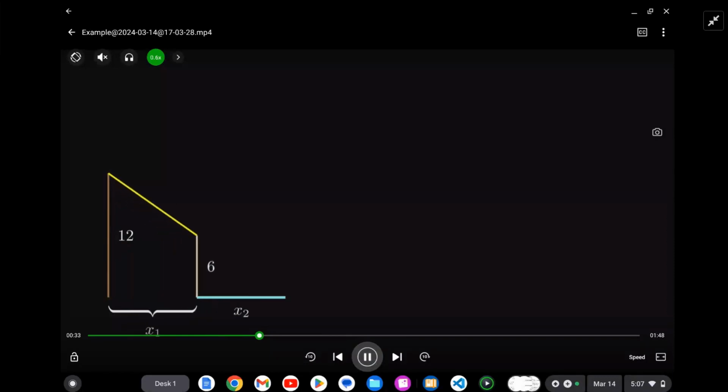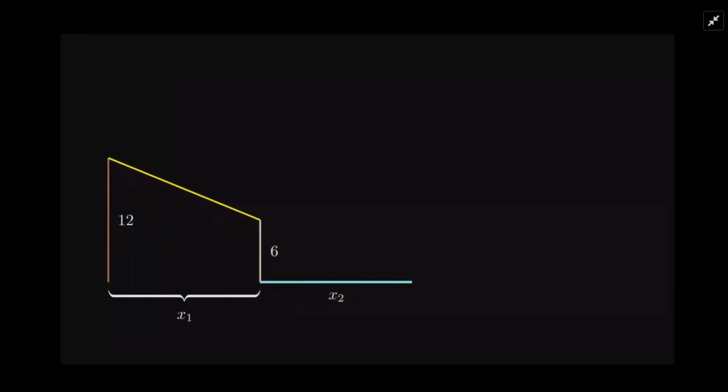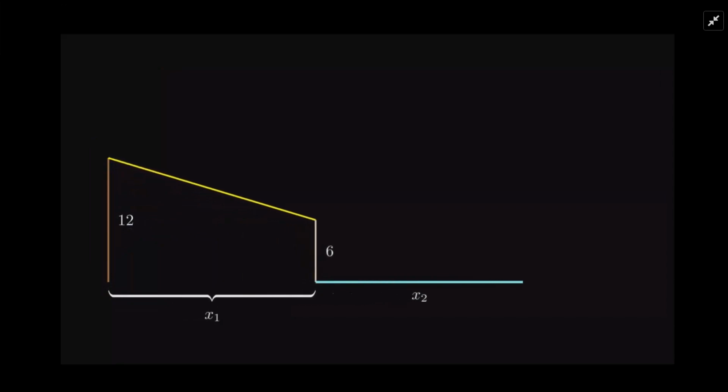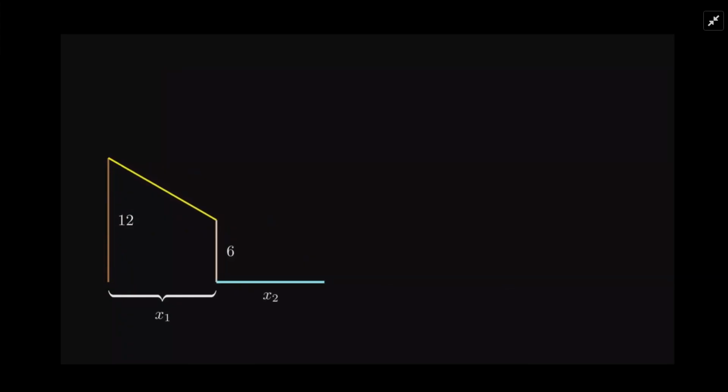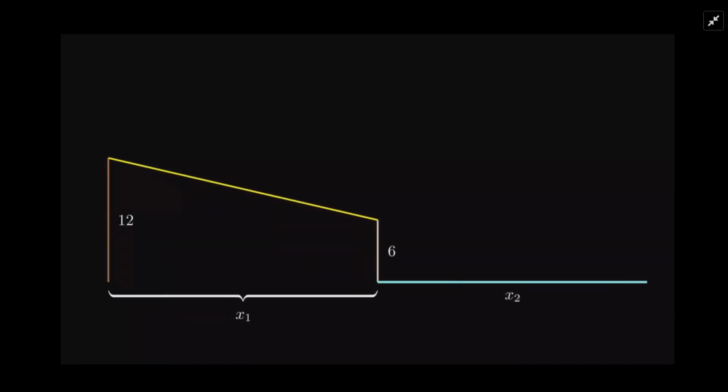Okay, so as she walks, the shadow lengthens. So that's what's happening here. As the distance from the pole increases, the length of the shadow increases. Okay. So let's see, related rates.